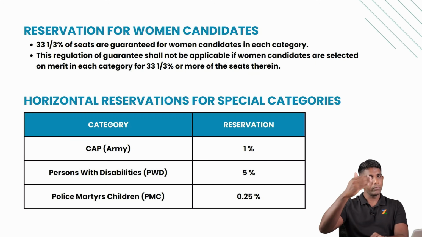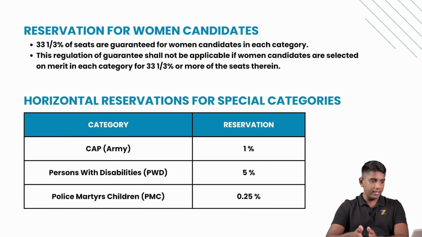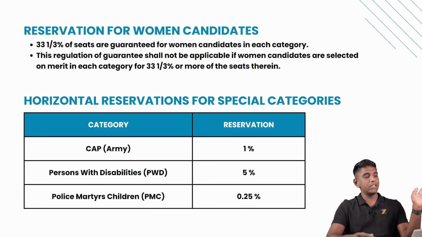It is a horizontal reservation, and this guarantee for women candidates is not applicable if there are more than 33.33% women in a category. So let's say in the general category, if there are already women candidates in the merit list who are more than 33.33%, then this reservation is not applicable.